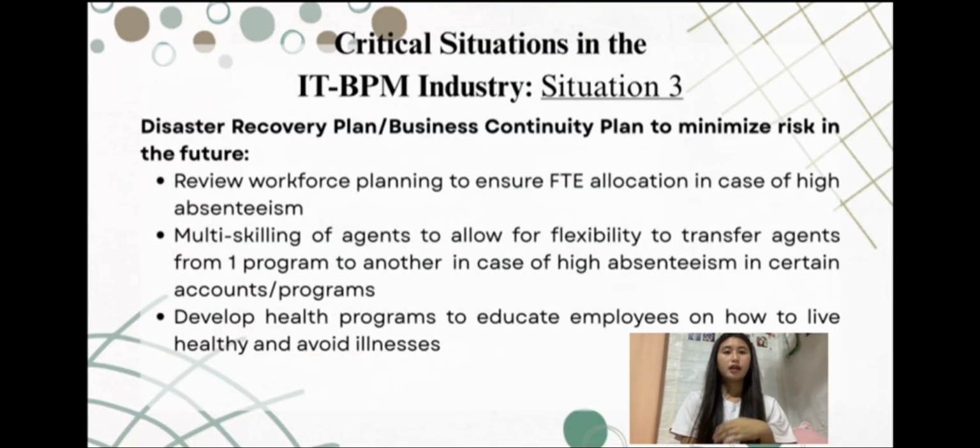Next is the third critical situation, Situation 3, which is the Disaster Recovery and Business Continuity Plan. To strengthen resilience against future disruptions caused by health-related absenteeism, the IT/BPM sector is implementing the following proactive measures.